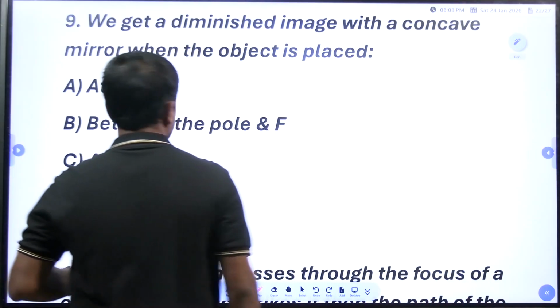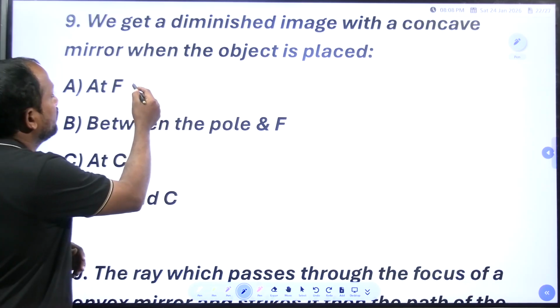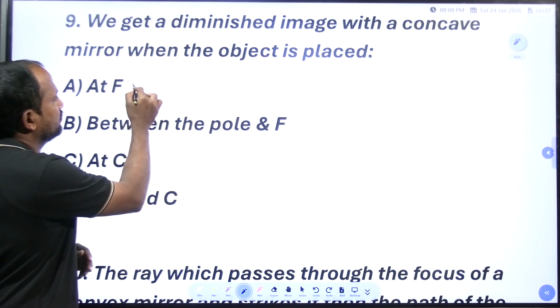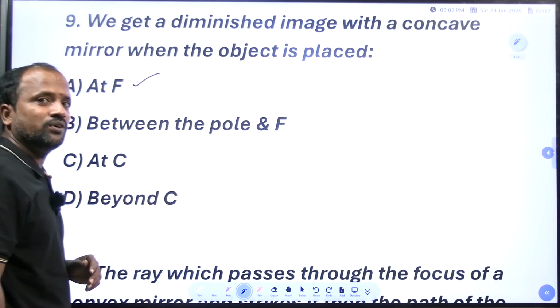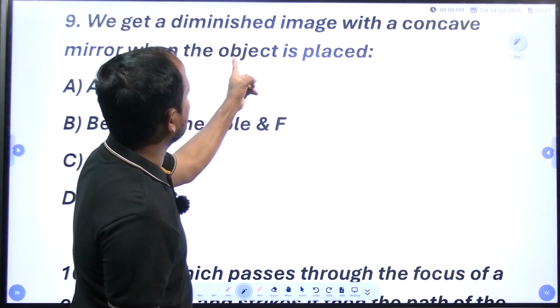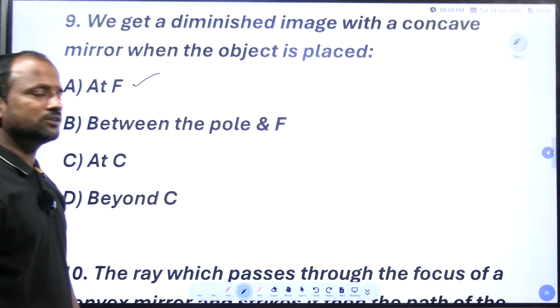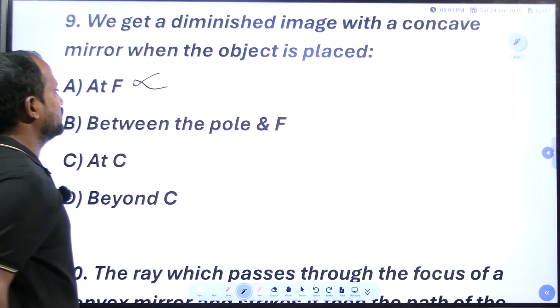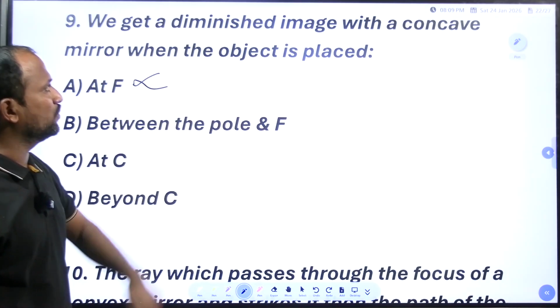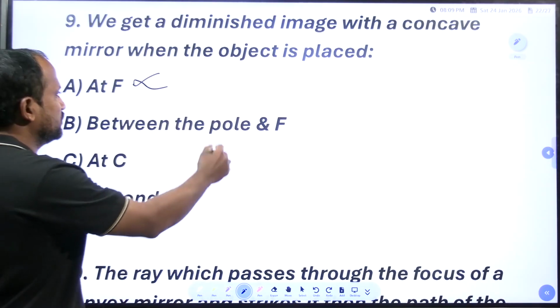Now we are going to follow by observing the focus. First option, at focus. If you place the object at focus, the image is formed at infinity, so it's wrong.